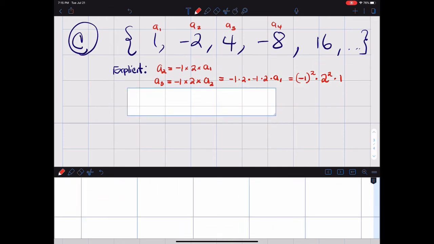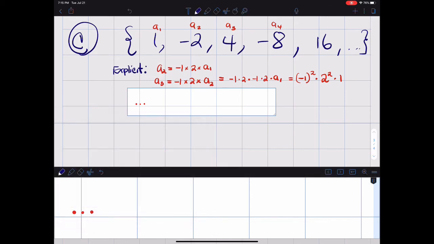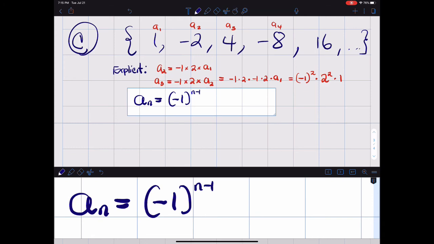So in general, I think we get the idea now, and we've had a lot of practice on this. So our An is -1 to the power of n minus 1 times 2 to the power of n minus 1. So that's what we get.